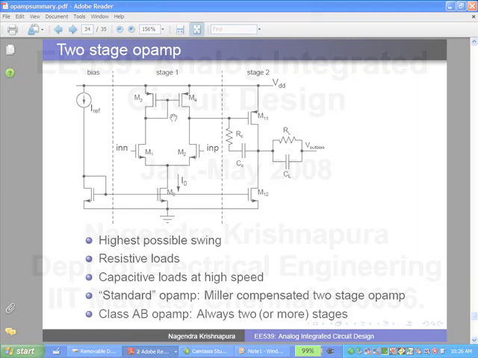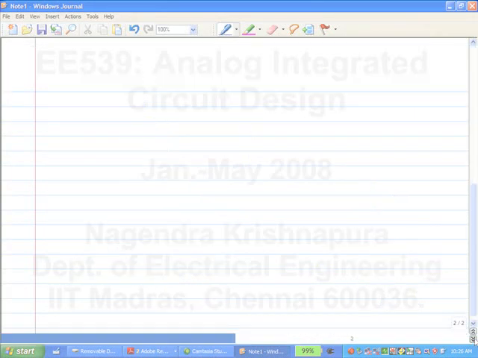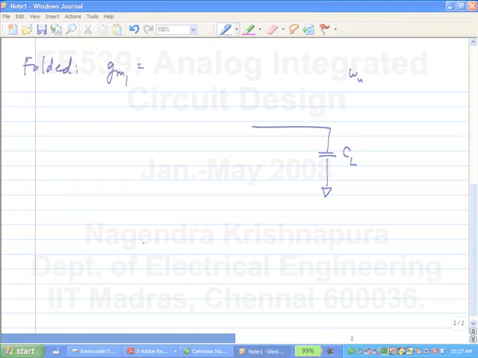See, so you have some load capacitance, okay. Now I want a certain omega u. Now in a folded cascode, what is the GM1 I need? Omega u times CL, and all of this should be greater than omega u, okay. Something greater, let's say.